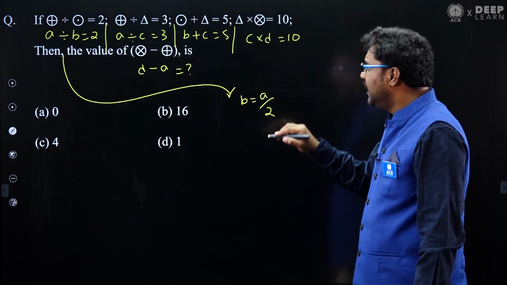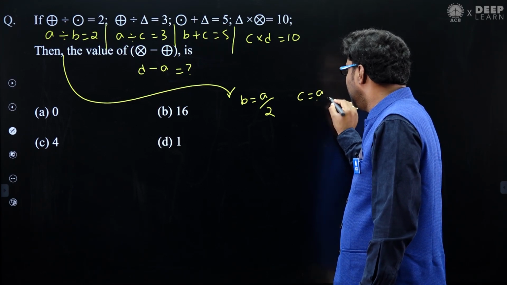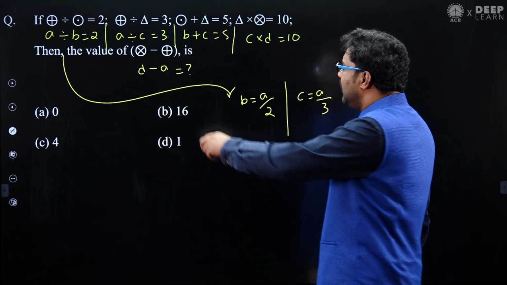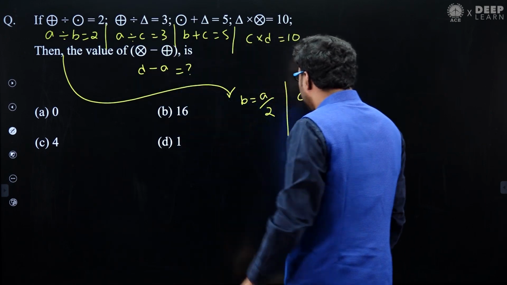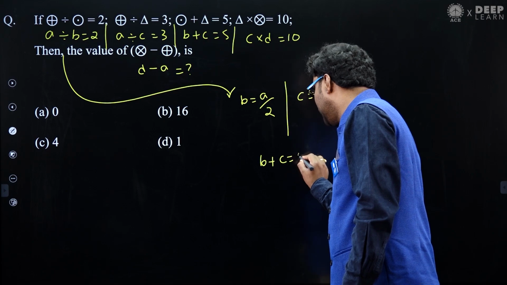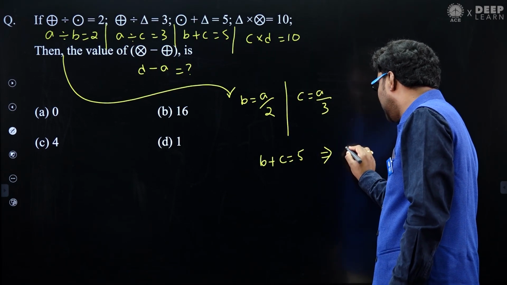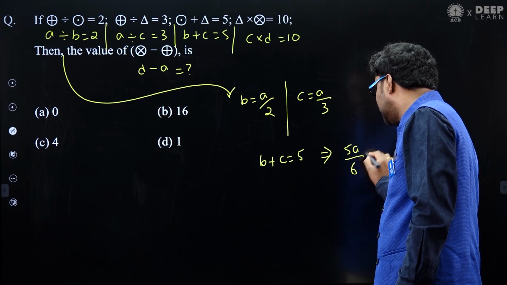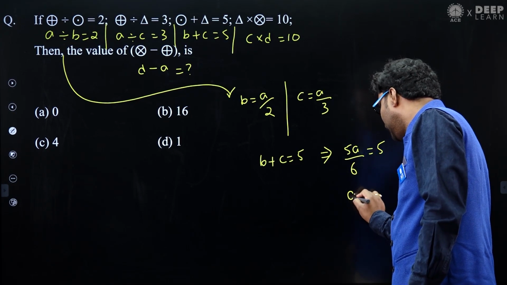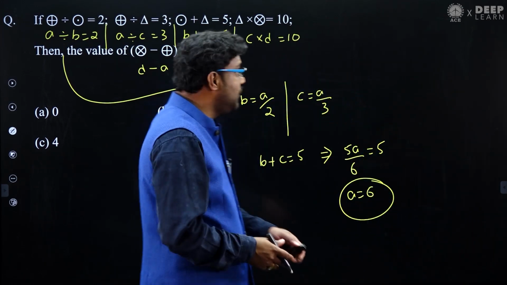From the second equation, C is nothing but A divided by 3. But we know from the third equation B plus C is equal to 5. So A by 2 plus A by 3 gives 5A by 6, which equals 5. If you solve this, we get A equal to 6.